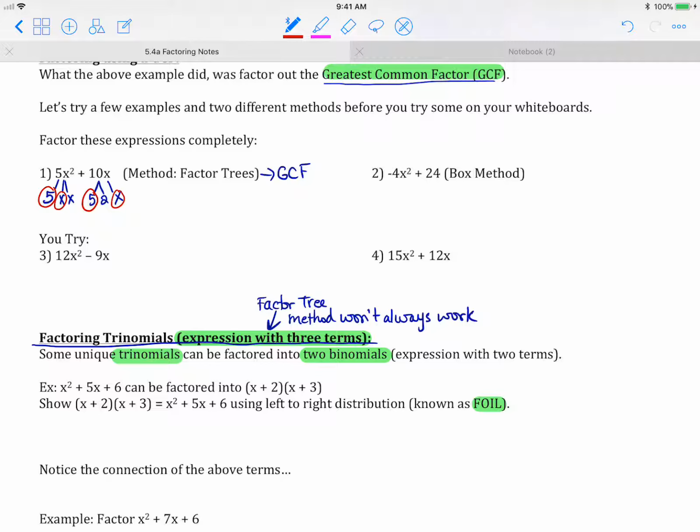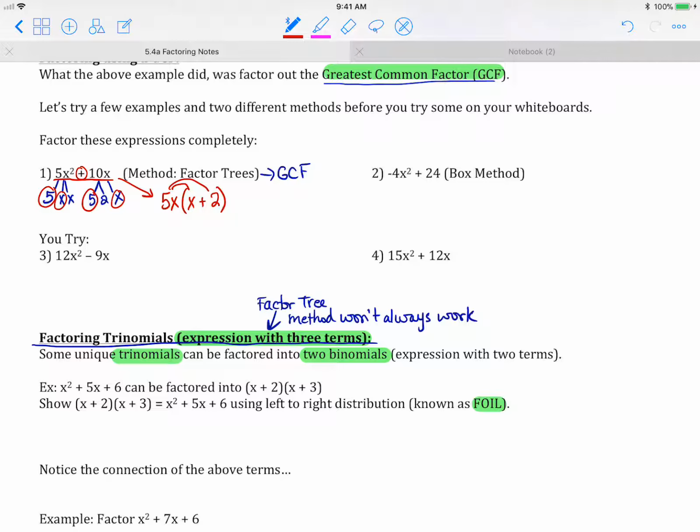So the greatest common factor here is 5x, and what was left over was an x, and then we connect it with the plus sign, plus 2. And so the expression 5x squared plus 10x factors into 5x times the quantity x plus 2. To check your work, just try to distribute and see if you can get back to your original answer.